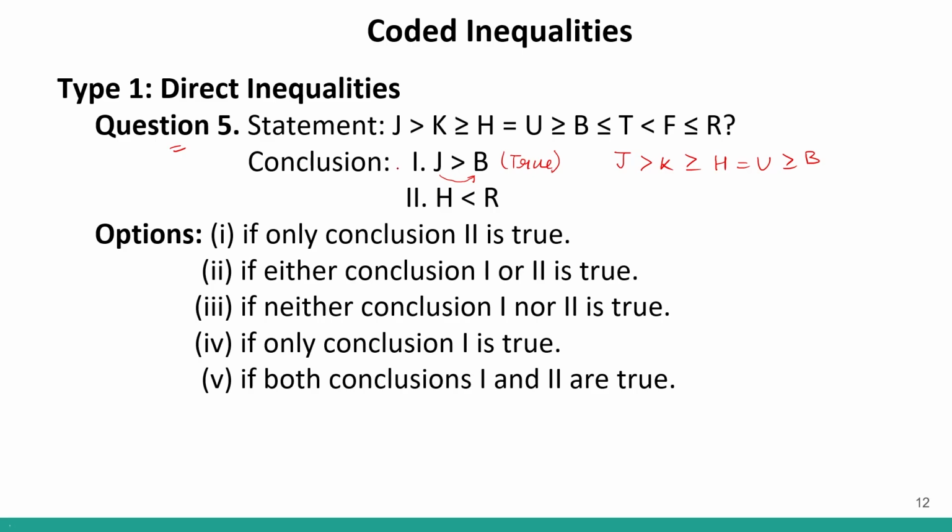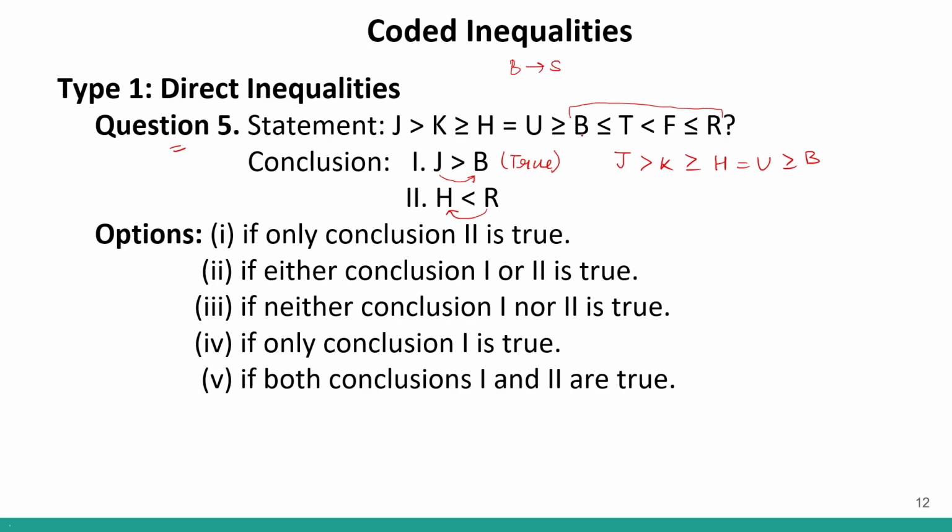Now, second one says R is greater to H. So we will move from R to H. R is greater to H. So over here, I can see a relationship between R and B, correct? R and B. But I cannot proceed further from B because we move from bigger door to smaller door.